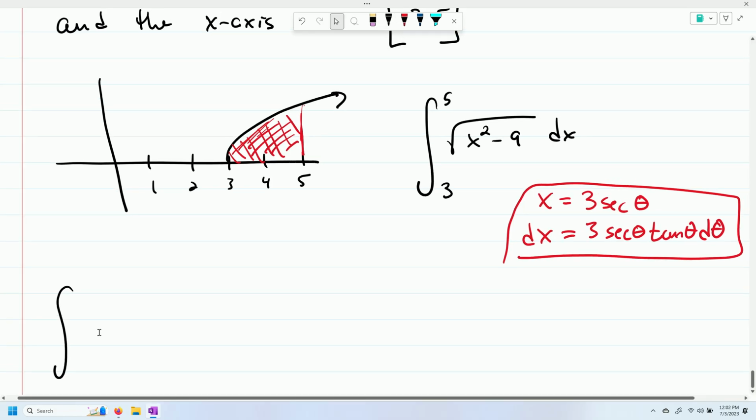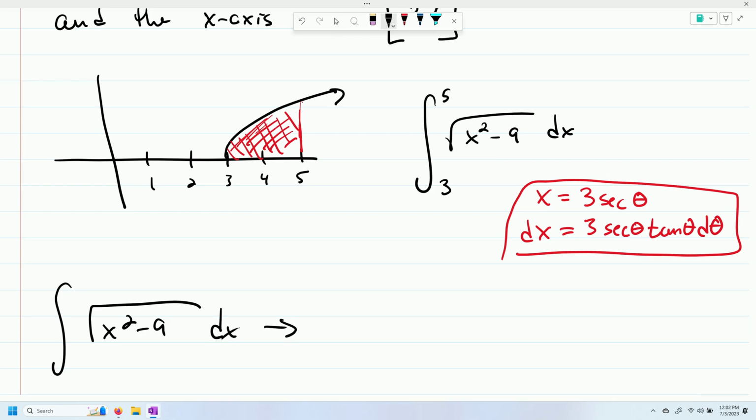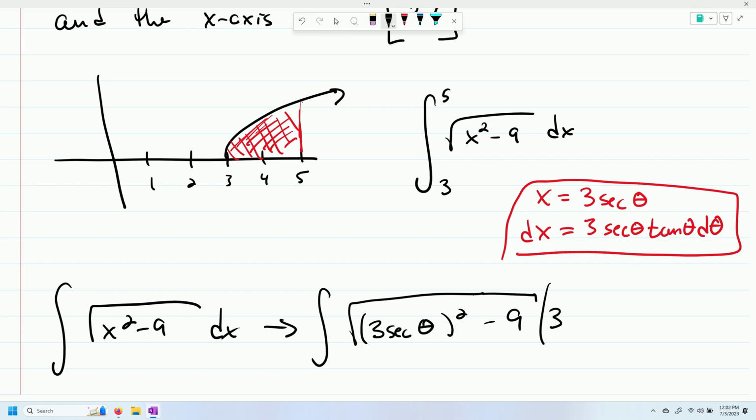We'll get the square root of x squared minus 9 dx. Wherever we see the x, we're going to substitute in 3 secant theta. Wherever we see dx, we're going to put 3 secant theta tangent theta d theta.